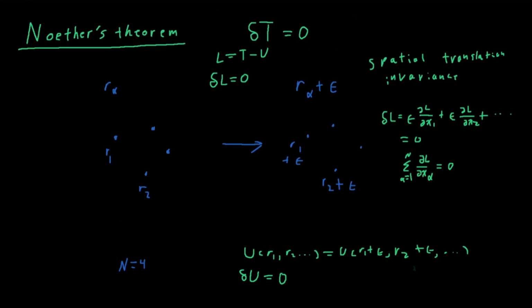Now, using Lagrange's equations, we can rewrite each derivative as dL over dx sub alpha equals d over dt times dL over dx prime alpha. And these are just Lagrange's equations. And that's just going to be equal to d over dt of the momentum of this alpha particle in the x direction.